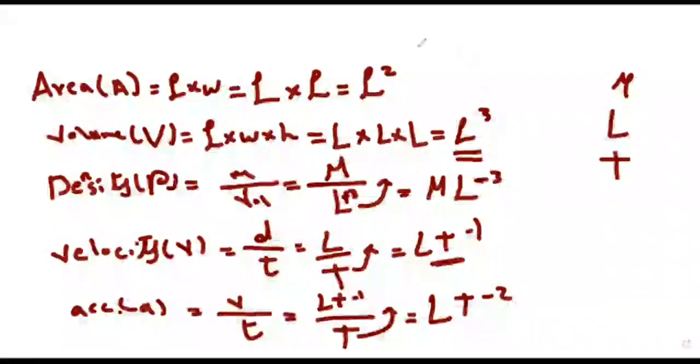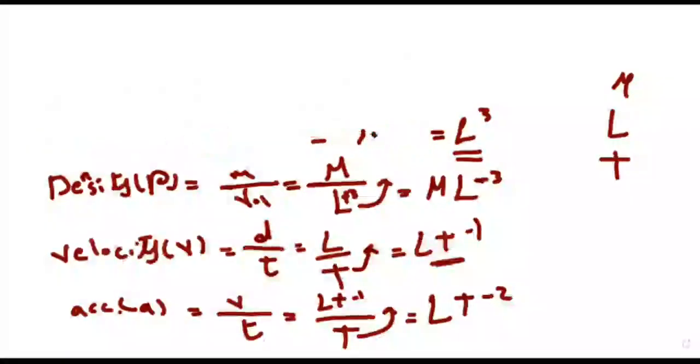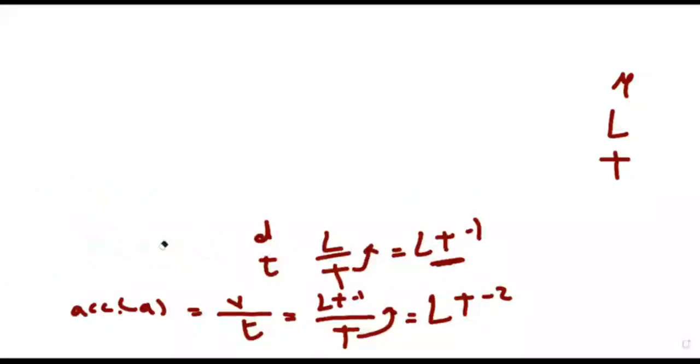Let's complete our physical quantities: we studied area L power 2, volume L power 3, density M L power -3, velocity or speed L T power -1, acceleration L T power -2.